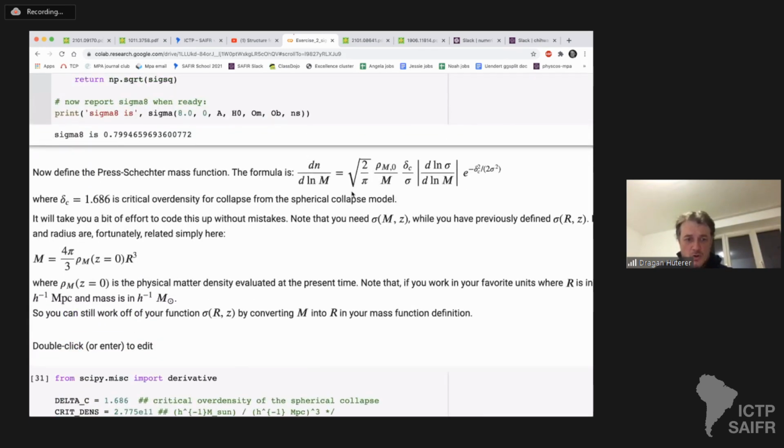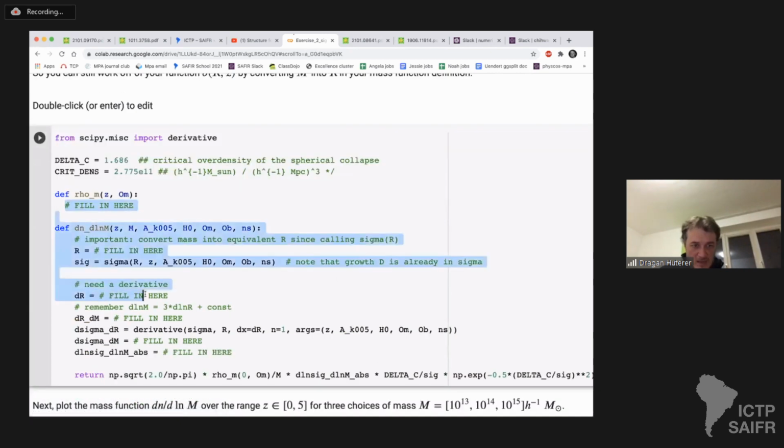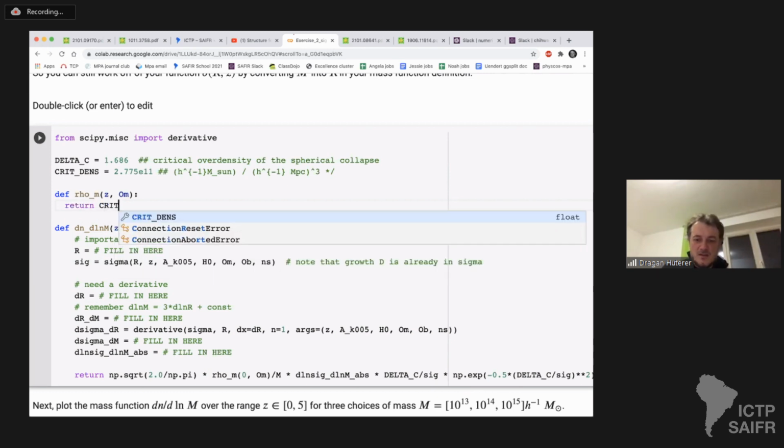So to do this, we need rho first. I'm asking you to calculate rho, and I can get us ahead and just fill it out here. This is just going to return the critical density. The key thing is to know which units. Units are going to be our favorite units, where everything is in h inverse: h inverse M sun divided by h inverse megaparsecs cubed.